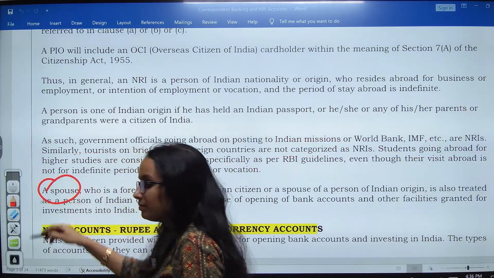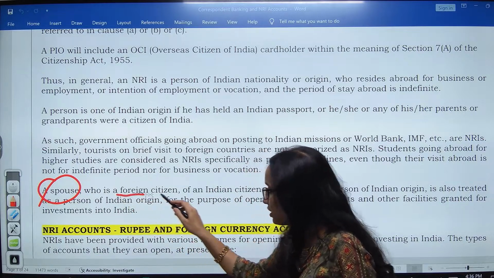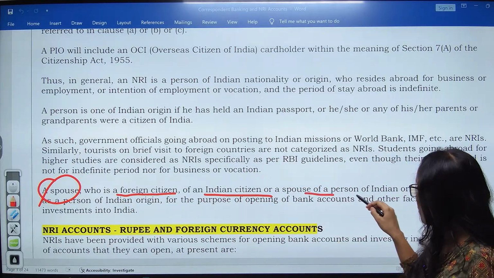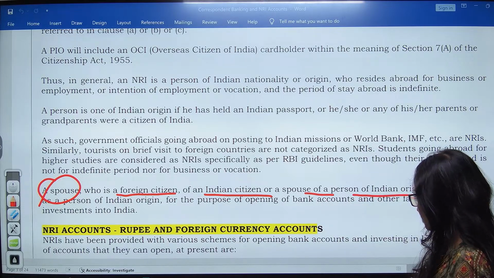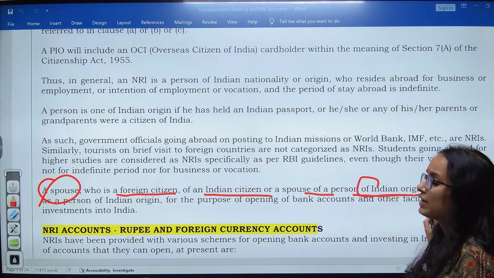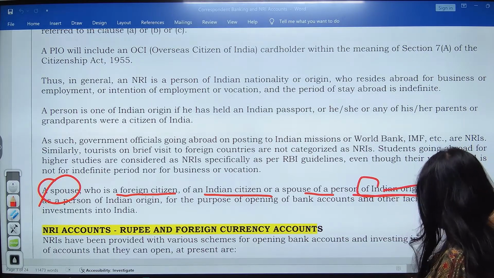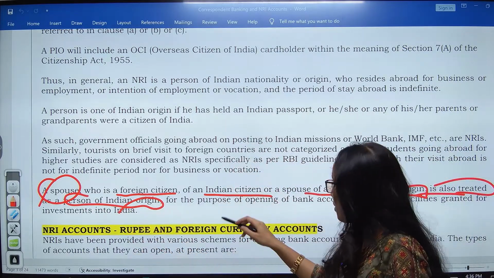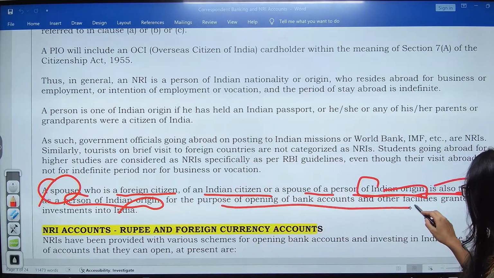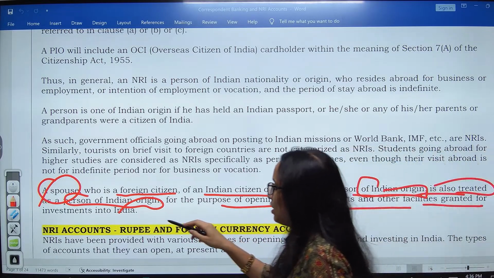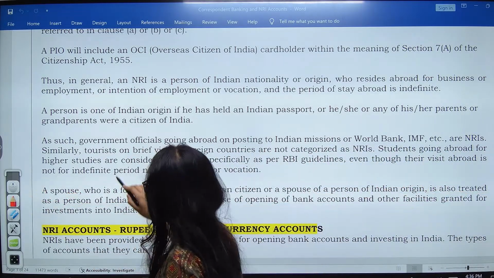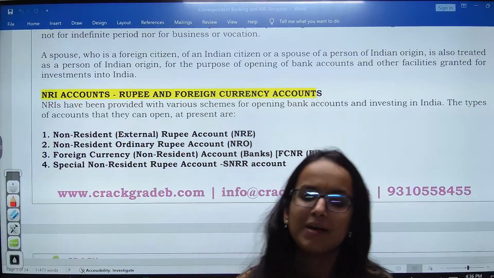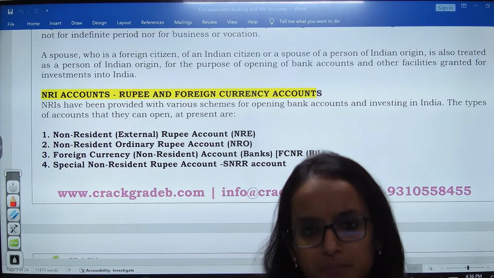A spouse who is a foreign citizen of an Indian citizen, or a spouse of a person of Indian origin, PIO, is also treated as PIO for the purpose of opening of bank accounts and other facilities granted for investments into India. Remember this point. Now, there are marriages, so you have spouses.